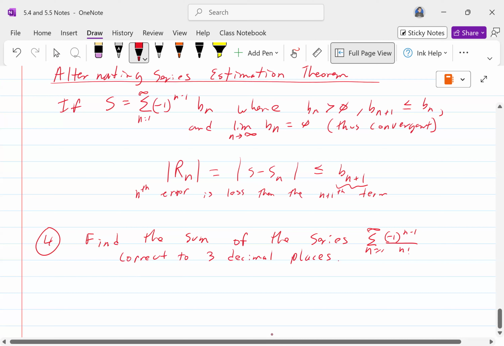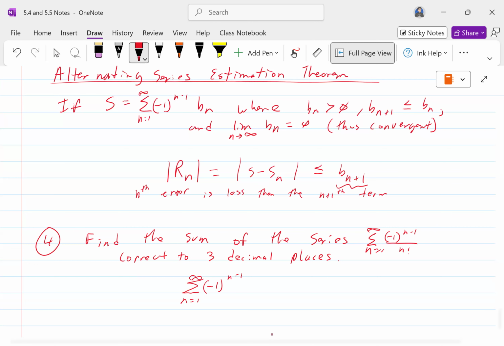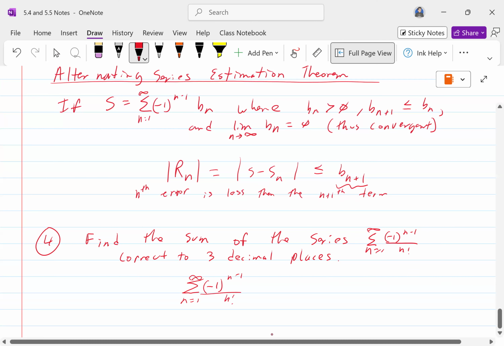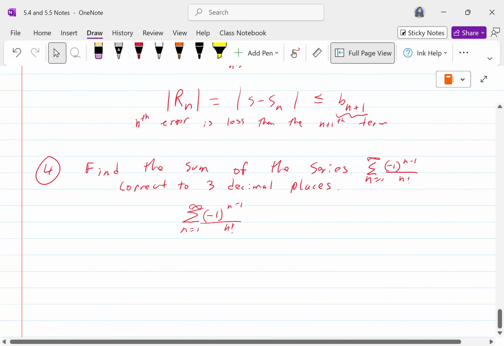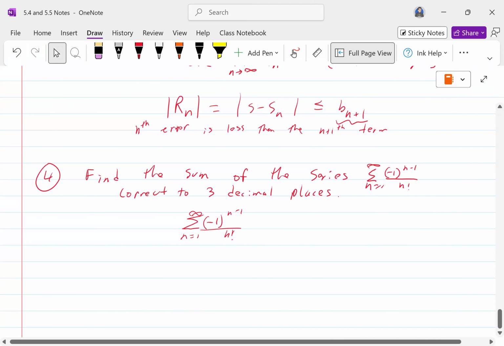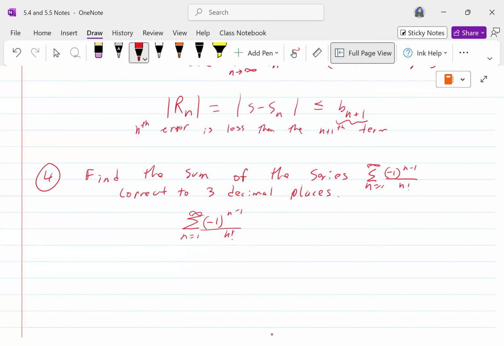Okay, so is this thing going to converge? Let's just test that. Let's just make sure that the alternating series test works.